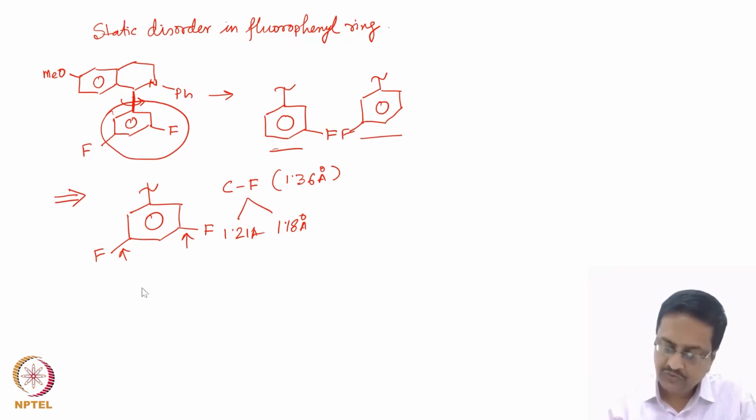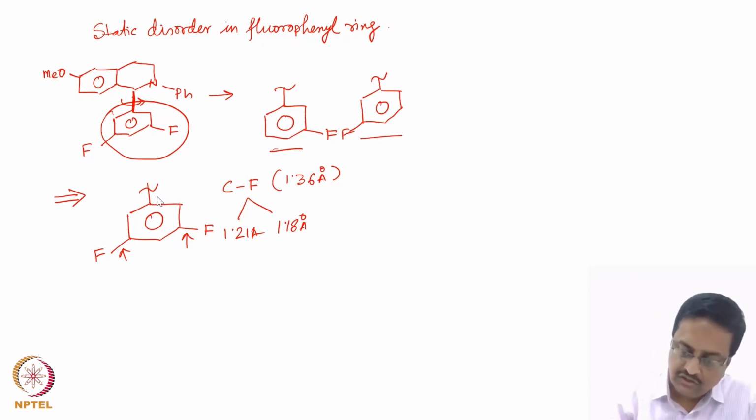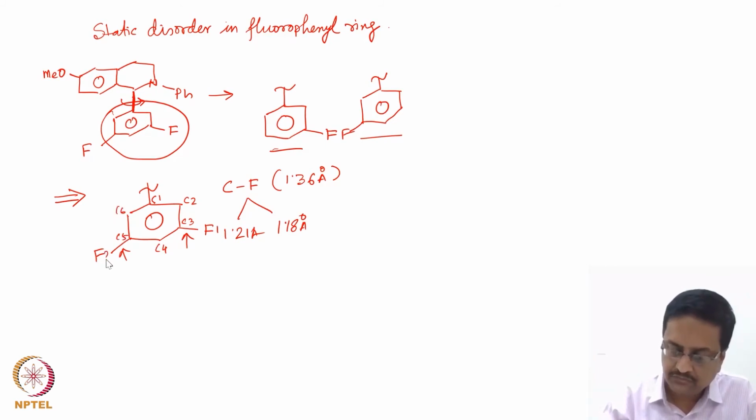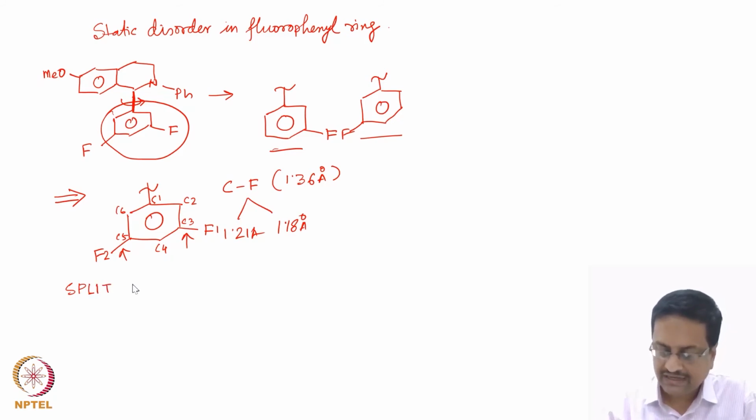So if I name those atoms as C1, C2, C3, C4, C5, C6 and F1 and F2, what we should do is to do a SPLIT command on all the atoms C1, C2, C3, C4, C5 and C6 and press enter in OLEX2.